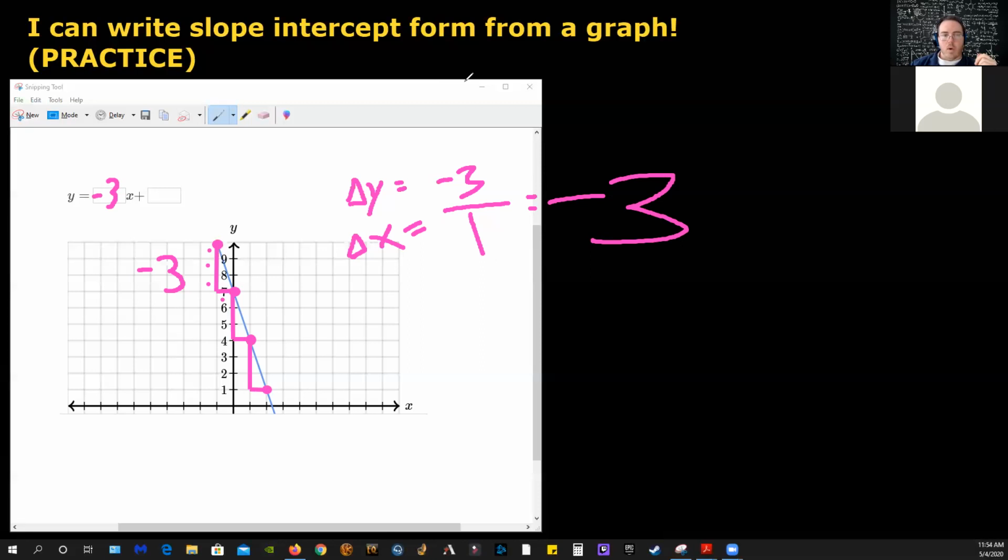In this case, our y-intercept, let me get a different color. You'll notice that one of these dots right here is actually on the y-axis at 0, 7. So that 7 is our y-intercept. In the equation, letter B is the y value of the y-intercept.